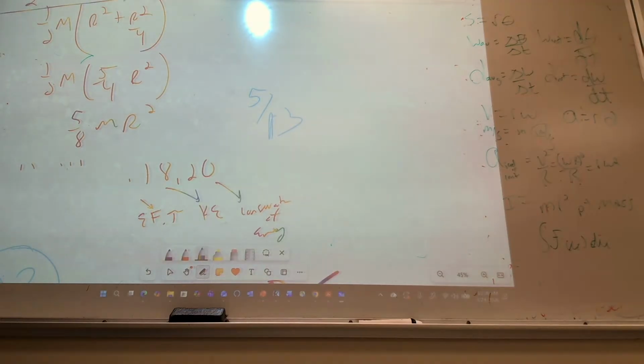Now, this one's a little bit harder, right? Because we have this 2,600 joules of work. Friction does work as it rolls up the hill to a stop. But you're going to start with just getting your two types of kinetic energy, get your total kinetic energy just as we did before.